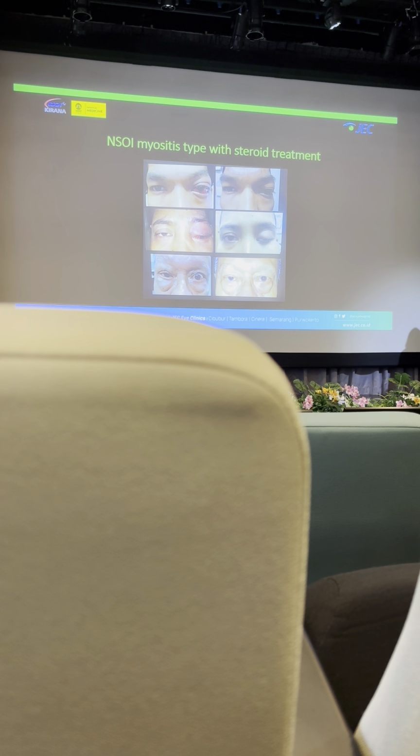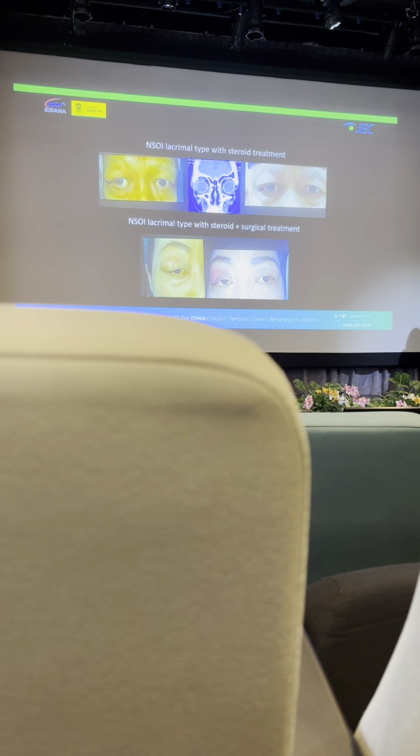This is, for example, a case with the myositis type. Here we can see there is enlargement of the muscle. Usually here we can see in the temporal side not only the proptosis but swelling of the eyelid and chemosis. For the non-specific orbital inflammation of the lacrimal type, usually in the superior temporal region we can see a mass in the CT scan.